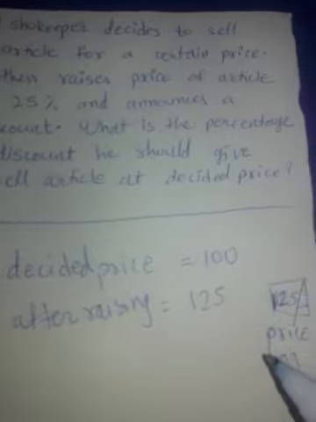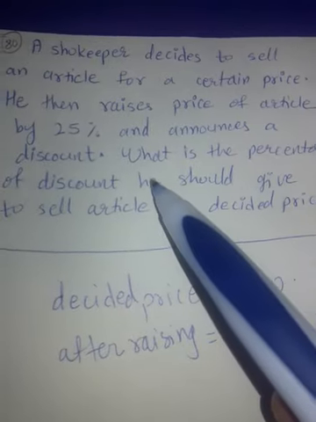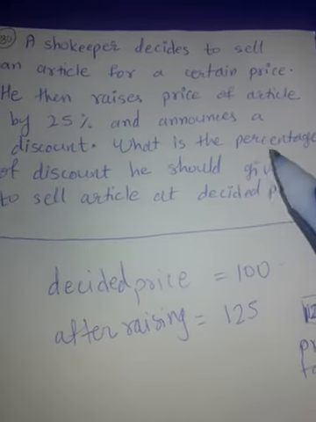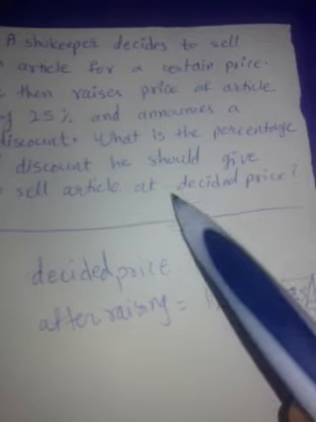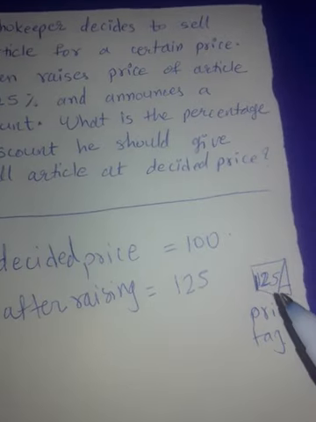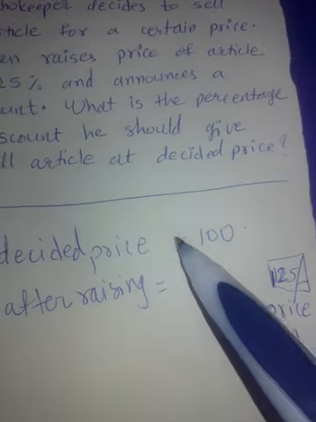And when I go and buy this, what will he say? Now he will announce a discount. And what percent of discount does he need to announce so that he can sell it at the decided price? Now he has put a tag of 125, but he wants to sell at 100 only.